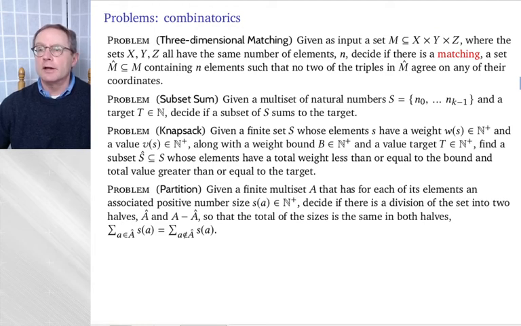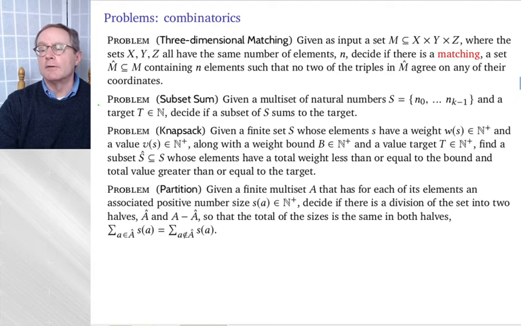Decide if there's a matching, decide if there's an M hat, which is a subset of M containing n elements, so that no two of the triples in M hat agree on any of their coordinates. So it's not the case that two of the triples in M hat have the same first coordinate, the same second coordinate, or the same third coordinate.